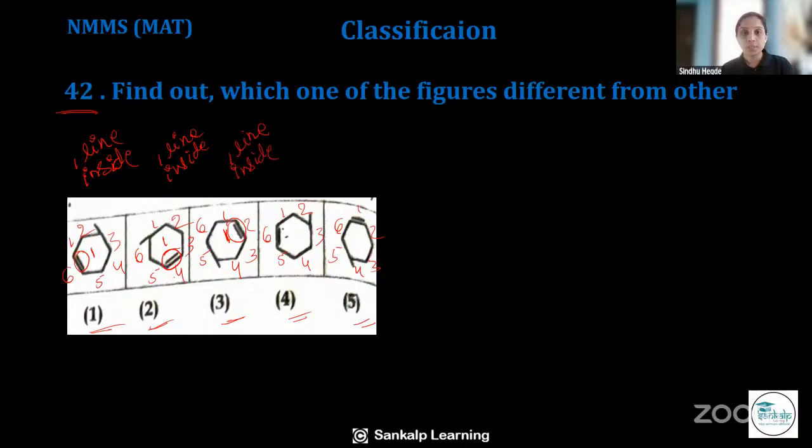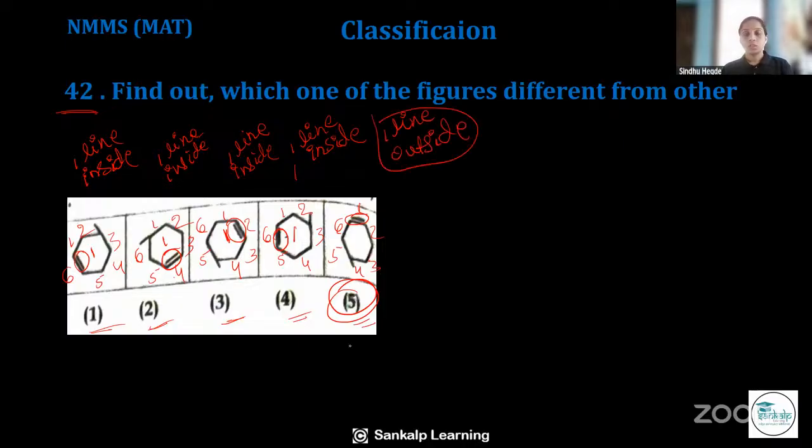Image 4 also has one straight line inside. But only in this image, the straight line is not inside. It is outside the structure. One line outside. So figure 5 is entirely different from the others.